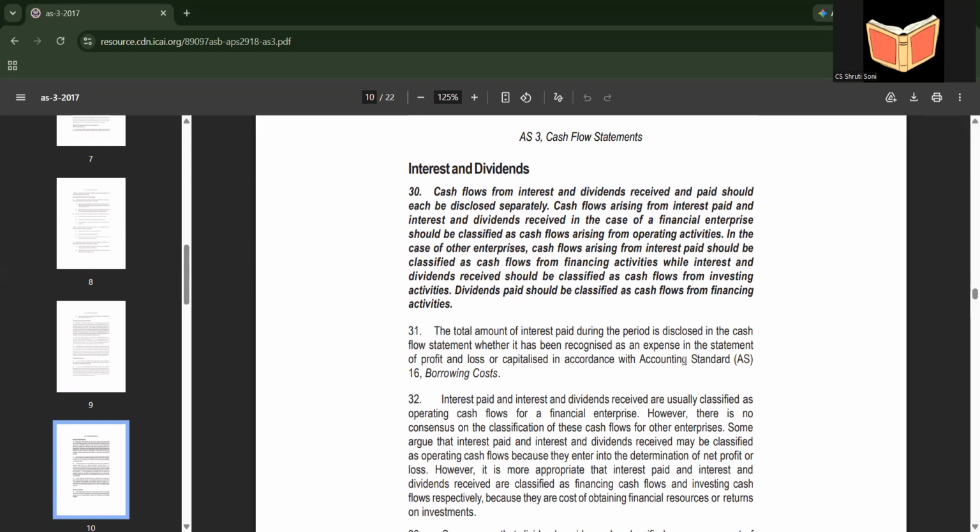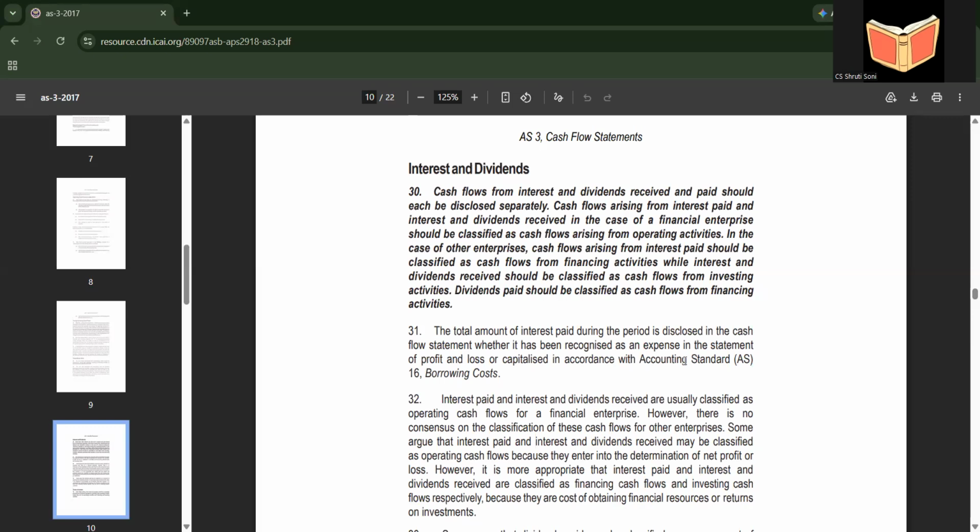And if it is any other enterprise, then cash flow from interest paid should be financing activities, while interest and dividend received should be investing activities. And dividend paid should be classified as cash flow from financing. So I'm repeating this once again, or you can rerun the video.